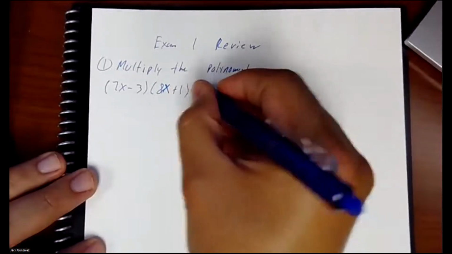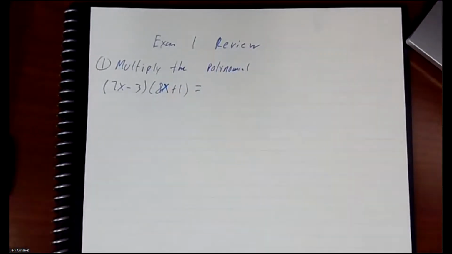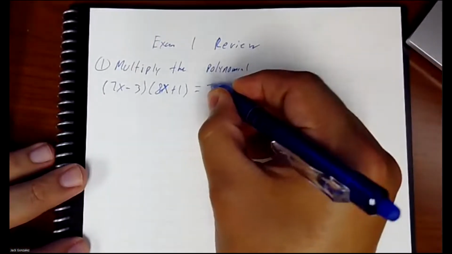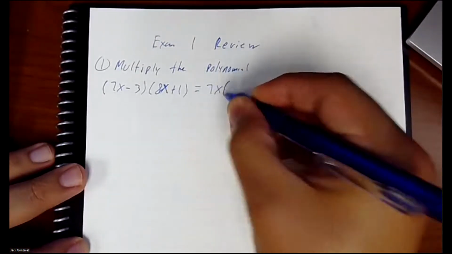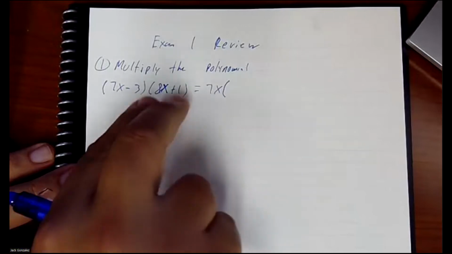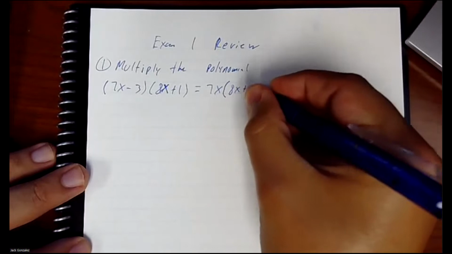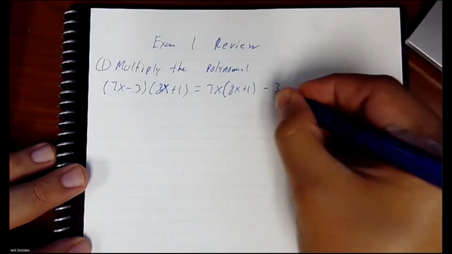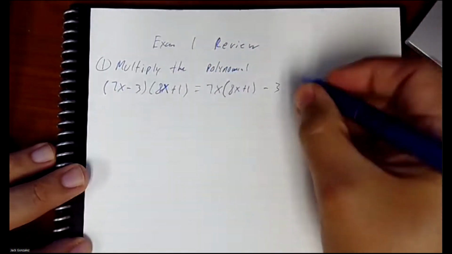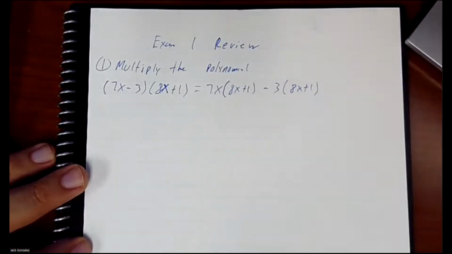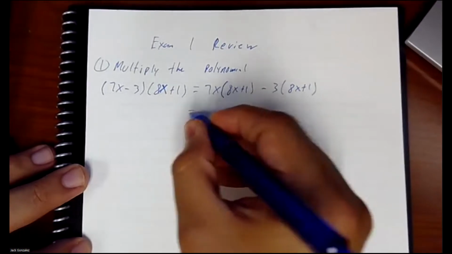The way I like to do it, you can do the whole FOIL thing or whatever you want to do. But one way that's kind of nice is to think of it as this first term times this entire term, minus this, and then the second term times that whole thing. That makes sense? Yes.